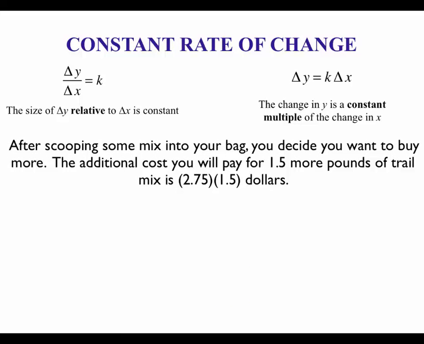All right, so after scooping some mix into your bag, you decide you want to buy some more. The additional cost you pay for 1.5 more pounds of trail mix is 2.75 times 1.5 dollars. Identify what these are in this situation: delta x, delta y, and k. Go.